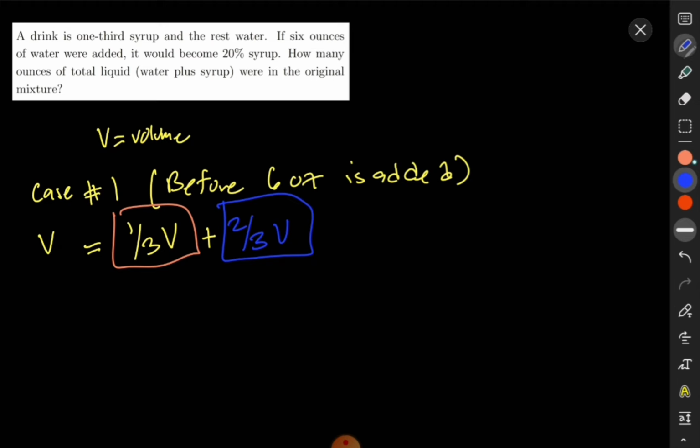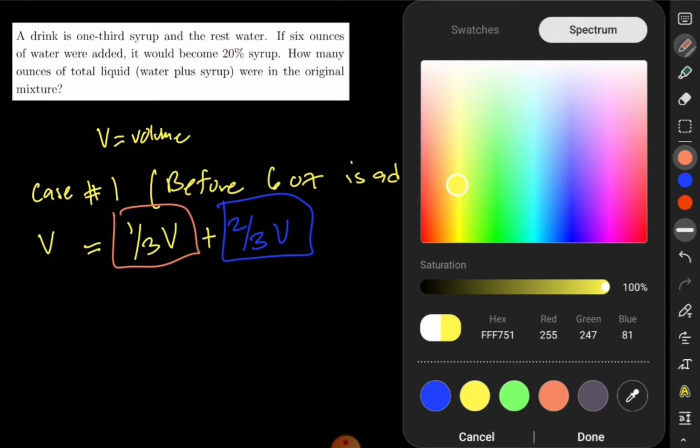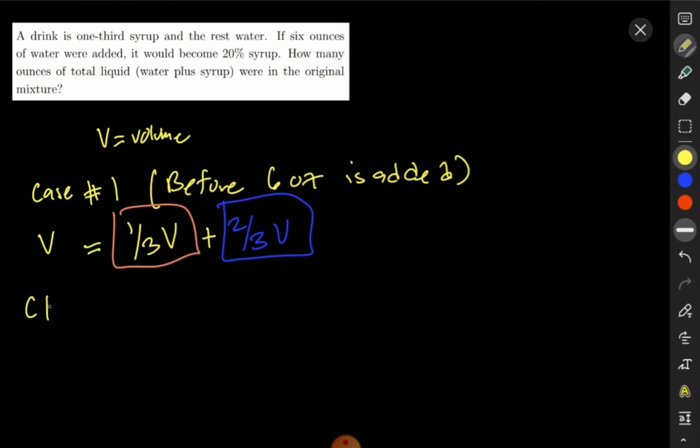Now, case 2, this is the after. Obviously, the volume becomes V plus 6 because you're adding 6 ounces to the mixture, and we know that V must be written in ounces. It says here the syrup will become 20%.